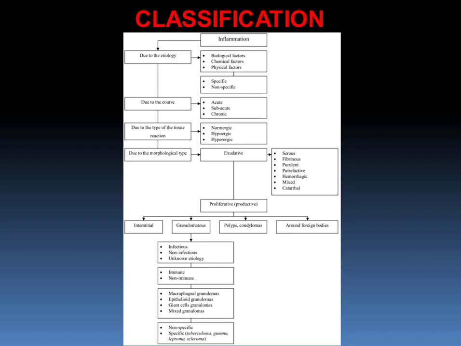Hypoergic inflammation is an inappropriately weak response to the harmful effects of a damaging factor. The inflammatory response may be due to depletion of the protective forces of the organism caused by previous disease, physical stress, starvation, weak type of higher nervous activity, and so on.